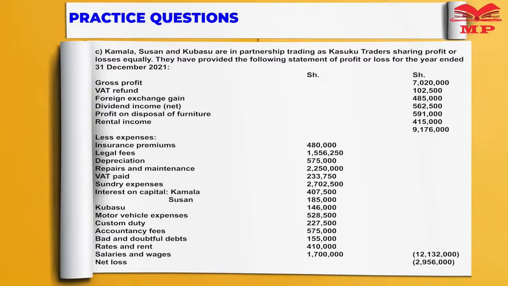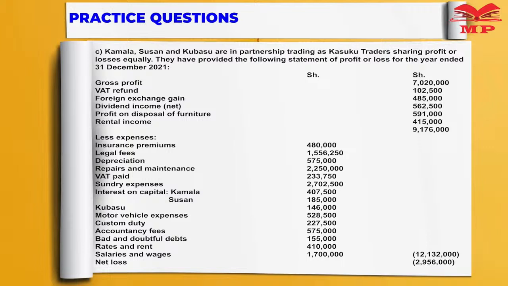Kamara, Susan, and Kubasu are a partnership, trading as Kasuku Traders, sharing profits or losses equally. They have provided the following statement of profit or loss for the year ending 31st December 2021.